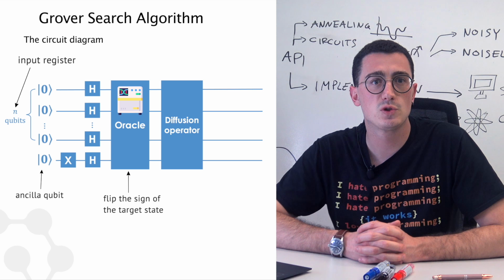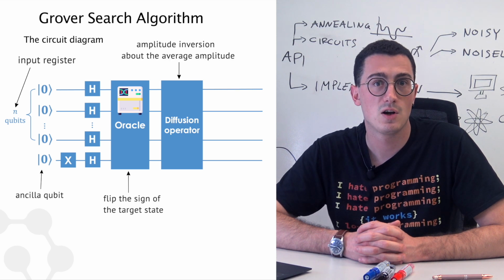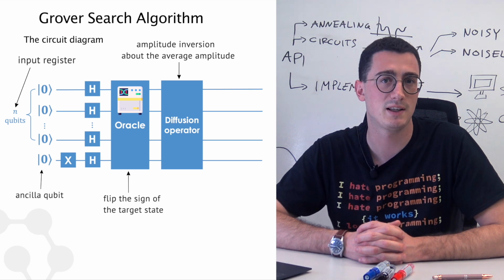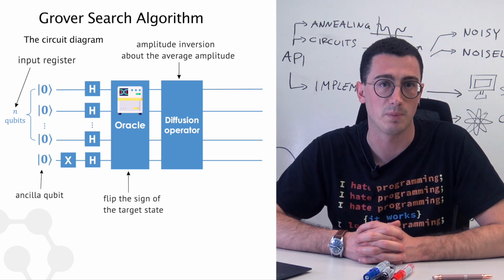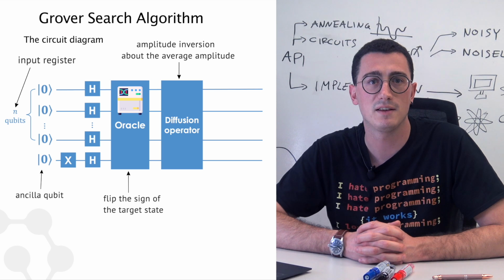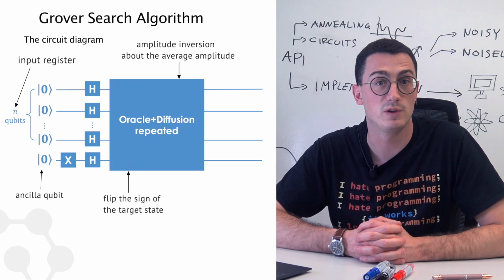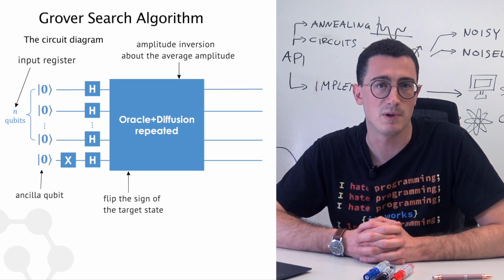The effect of the diffusion operator is to invert all the amplitudes of the system around the average amplitude. Acting together with the oracle, the final effect will be an increase of the target amplitude and a decrease of all the remaining amplitudes of the system. We are going to speak in more detail about this topic in a future lecture. Well, the game is done. You only need to repeat the sequence oracle, diffusion operator a specific number of times, as you will see.